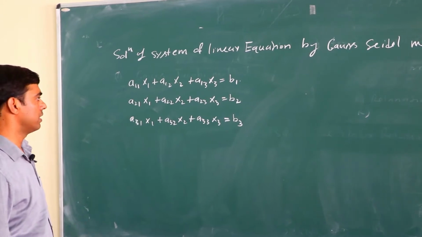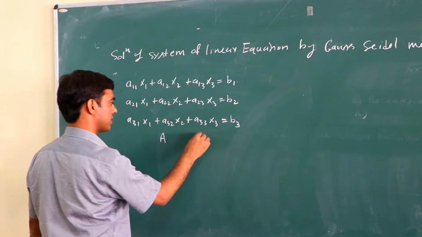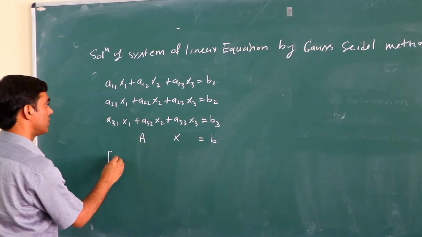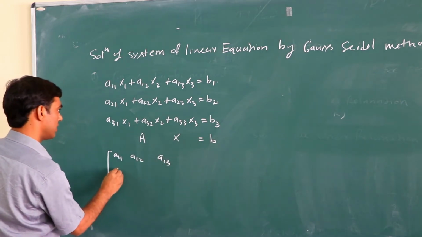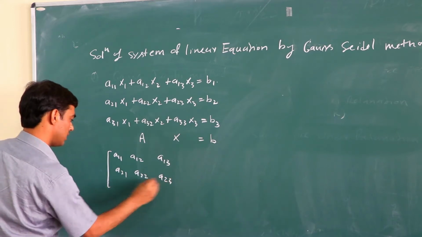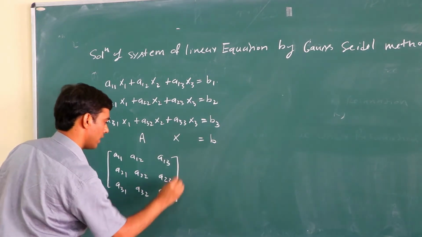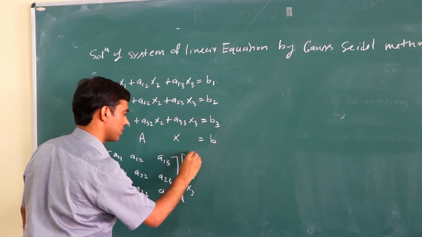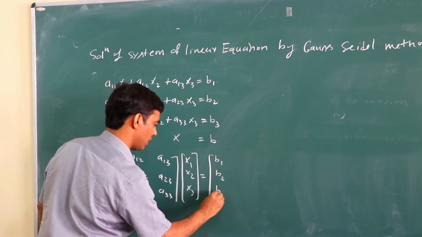Now, if we write this in the form of a matrix, this is Ax equal b. A is a11, a12, a13, a21, a22, a23, a31, a32, a33, and x is x1, x2, x3, and b is v1, v2, and v3.